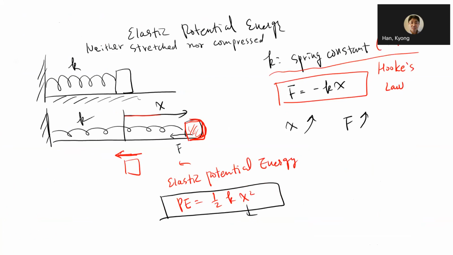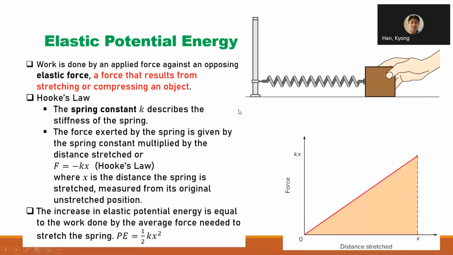K is the spring constant. By Hooke's law, the spring constant k describes the stiffness of the spring. The force exerted by the spring is the spring constant multiplied by the distance stretched, or F equals negative kx. X is the distance the spring is stretched.